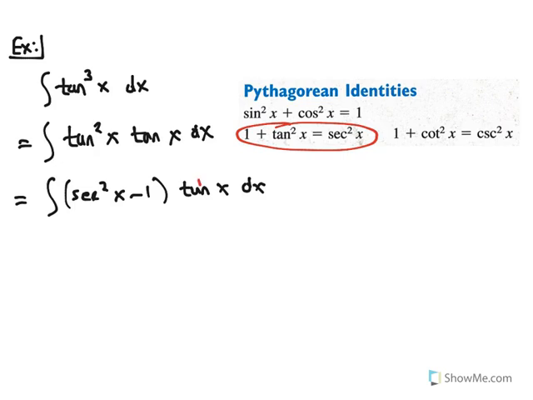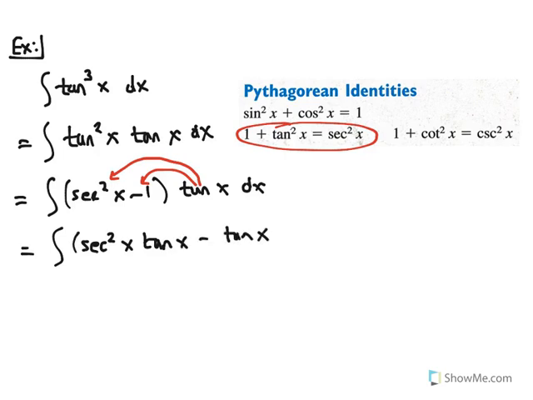And I can distribute the tangent x to each of these two terms, and that would give me secant squared x times tangent x minus tangent x dx. And here I have a difference in my integrand, so I can write that as a difference of two integrals.